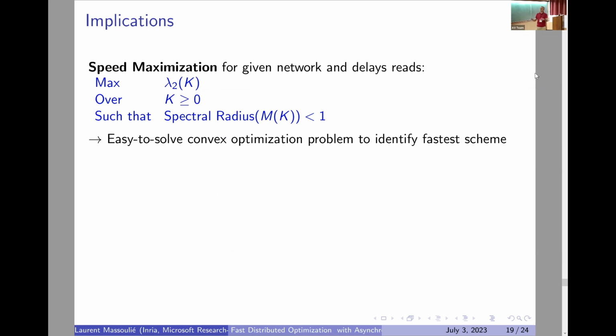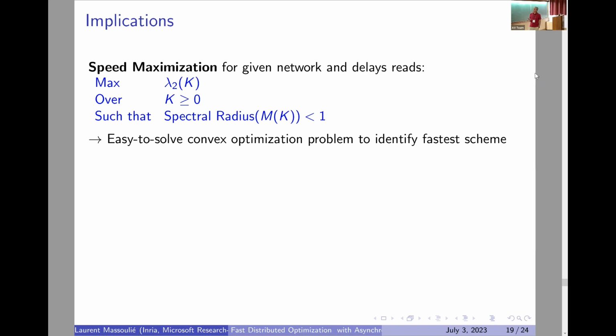Using this framework, we can say, okay, if I go for those algorithms, how could I tune all my parameters? Maybe I want to maximize speed, so I want to maximize this lambda 2 of K. That's an ingredient in my characteristic time. And so speed maximization can be cast as a convex optimization problem.